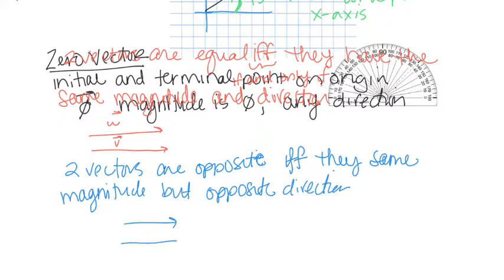So, for example, these two, vector R and vector S, have the same magnitude, they're the same length, but they go in different directions. Okay, so hopefully I'll be able to use my ruler and whatnot to be able to draw this.